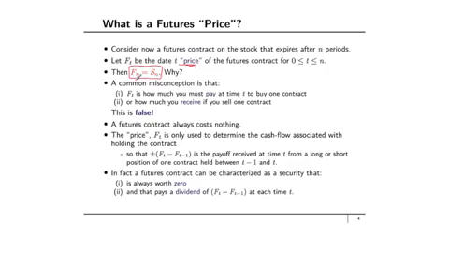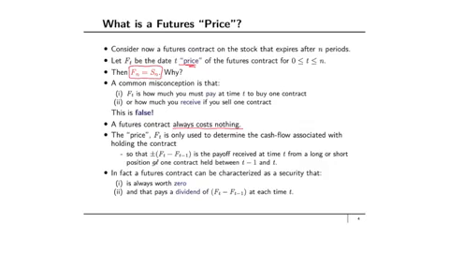So as I mentioned earlier, a common misconception is that Ft is how much you must pay at time t to buy one contract or how much you receive if you sell one contract. This is false. A futures contract always costs nothing. The price Ft is only used to determine the cash flow associated with holding the contract. So that plus or minus (Ft minus F(t-1)) is the payoff received at time t from a long or short position of one contract held between times t minus 1 and t.